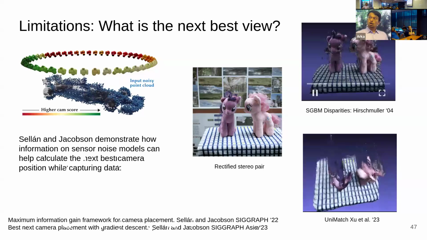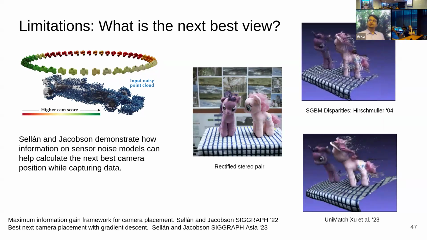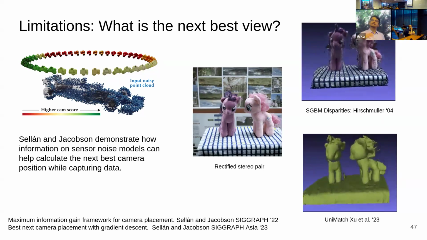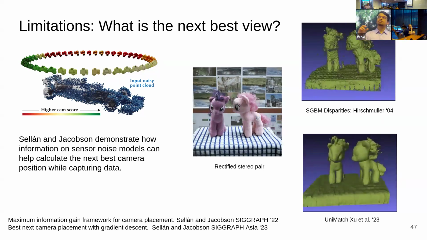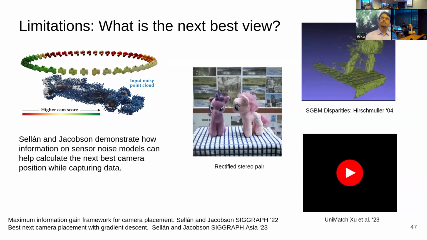We have two kinds of depth sensors, or two modalities of depth that we captured. The first modality is just deep learning based stereo, which gives very nice locally smooth depth maps, but there isn't a noise model for this kind of depth in literature. We also have access to semi-global match disparities and depth from that.